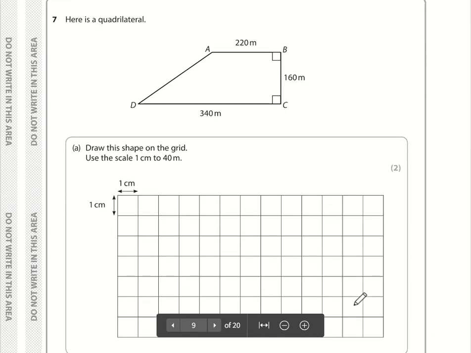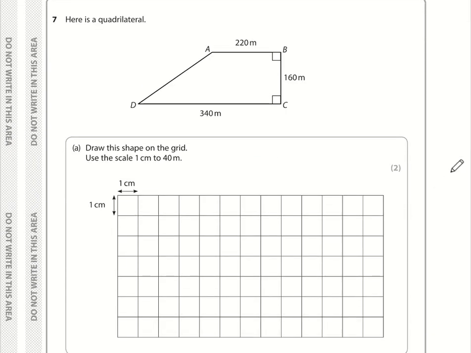Okay, so question number 7. So we know the scale is 1 centimetre to 40 metres. Now, forgetting the units for a minute, we can see that the metre number is 40 times greater, or the centimetre number is 40 times less. So we need to think of what's 220 divided by 40?